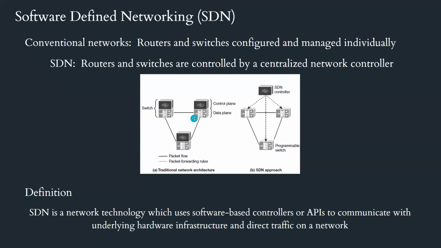These devices have a control plane to transmit control messages and a data plane to transmit data messages. So the device has to do both those operations at the device level.